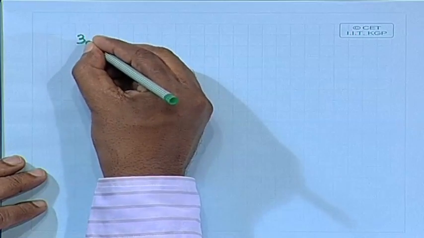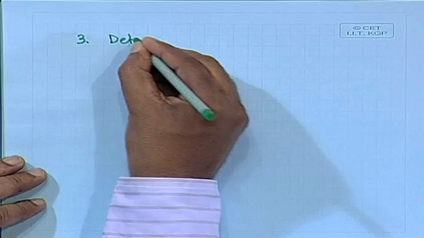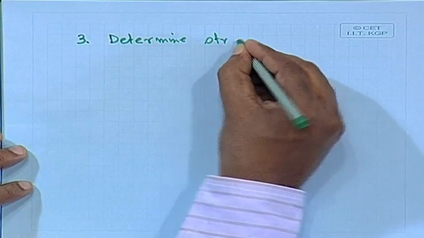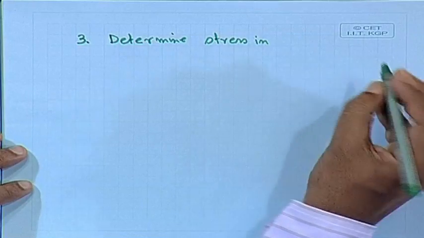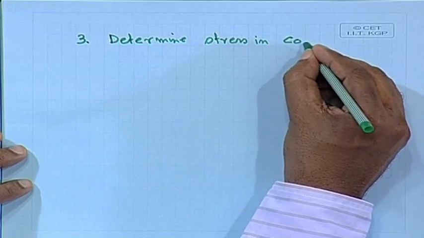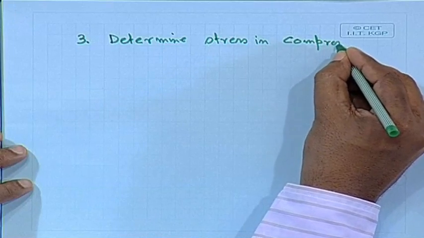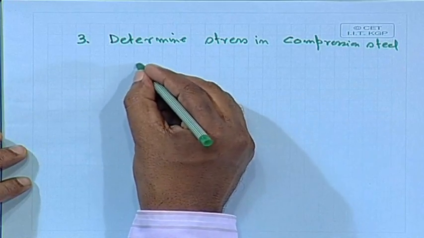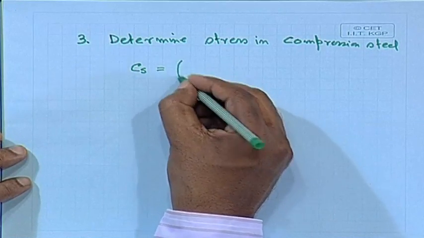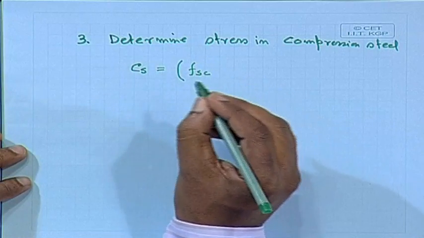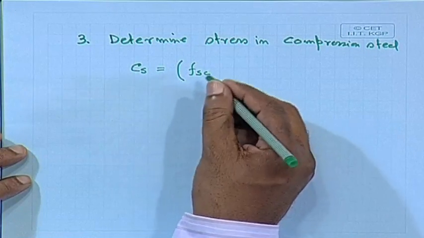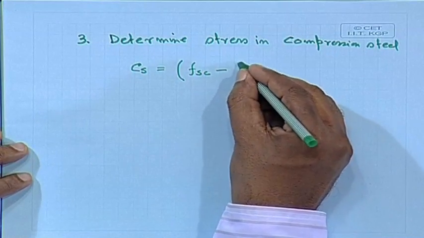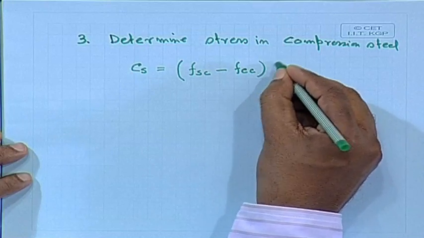Number 3, determine stress in compression. Cs equal to Fsc minus Fcc times Asc.